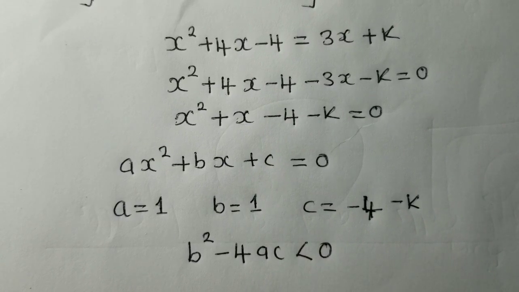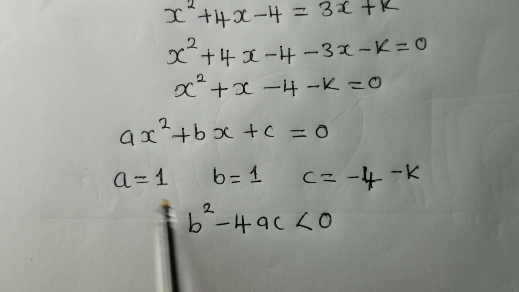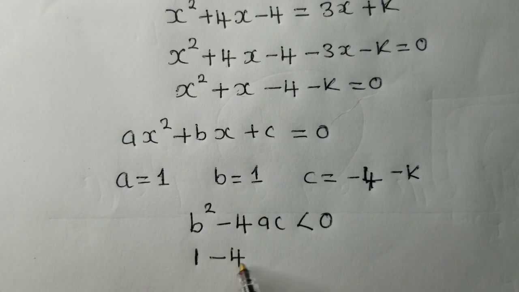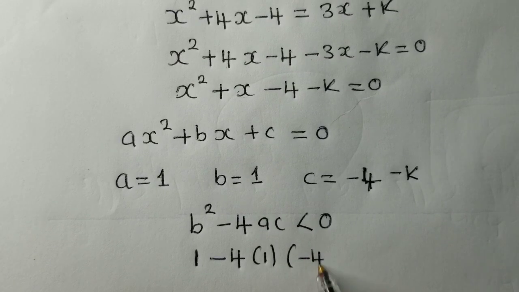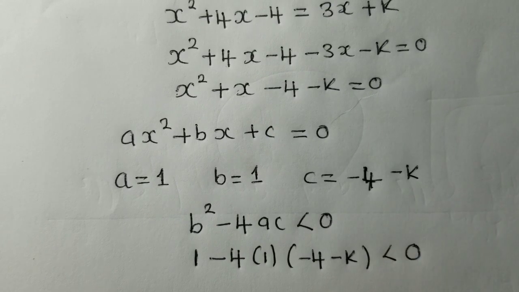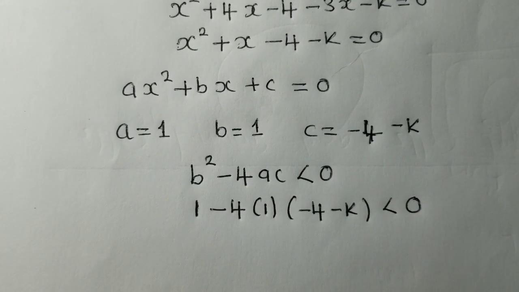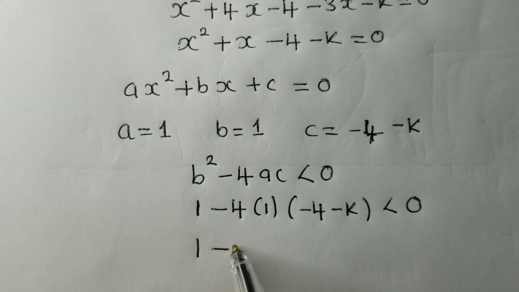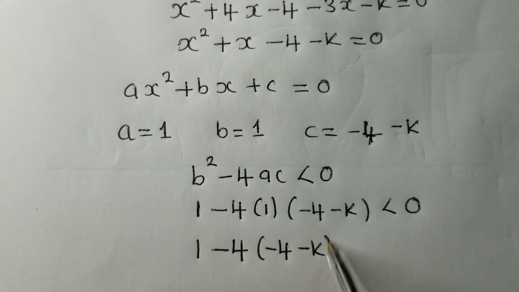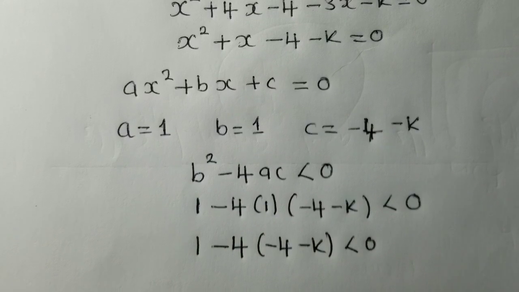So this is what we have right here. This is the discriminant. So now we plug in the values. So what is our b? Our b is a 1, minus 4. What is our a? Our a is also a 1. Our c is negative 4 minus k, less than 0. So we can simplify. We have 1 minus 4 multiplied by negative 4 minus k is less than 0.